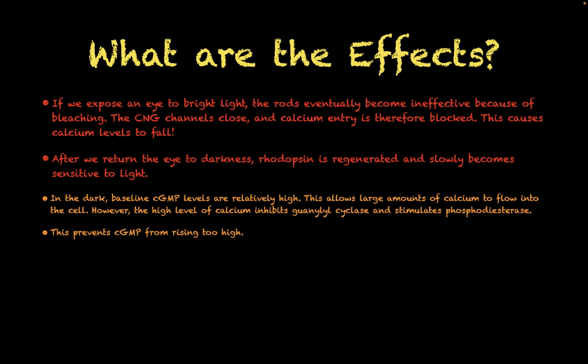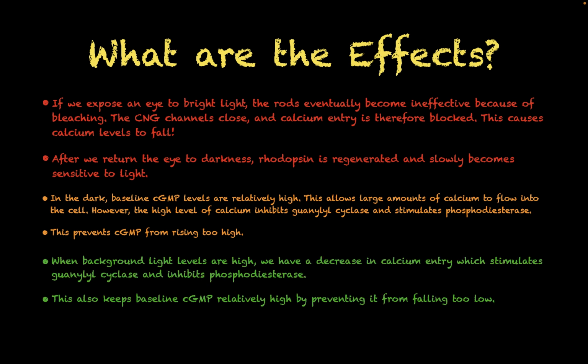Now, because our cyclic GMP levels are going to be high, this is going to allow large amounts of calcium to flow into the cell. However, remember that this calcium is going to have a negative feedback system. The calcium is going to inhibit guanylate cyclase and stimulate phosphodiesterase. And this basically prevents cyclic GMP from rising too high.